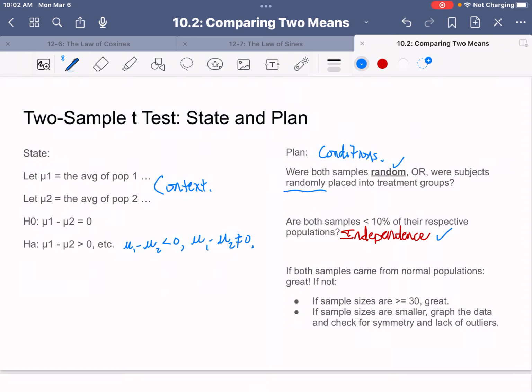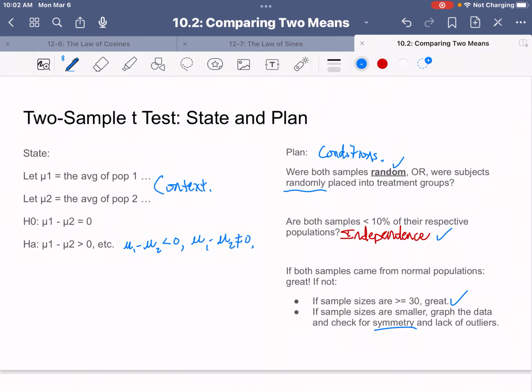If both samples came from normal populations, great. Just state that. But, as we've seen, if the sample sizes are both greater than or equal to 30, that satisfies the conditions for a two-sample t-test. But if the sample sizes are smaller than 30, if you have raw data, graph the data and check for symmetry.